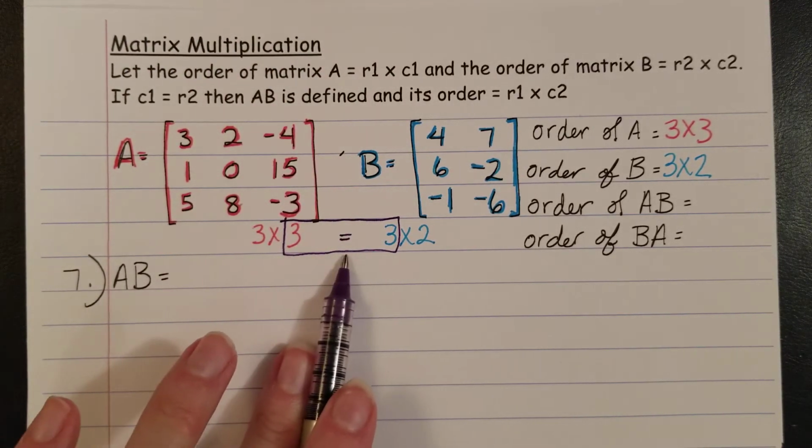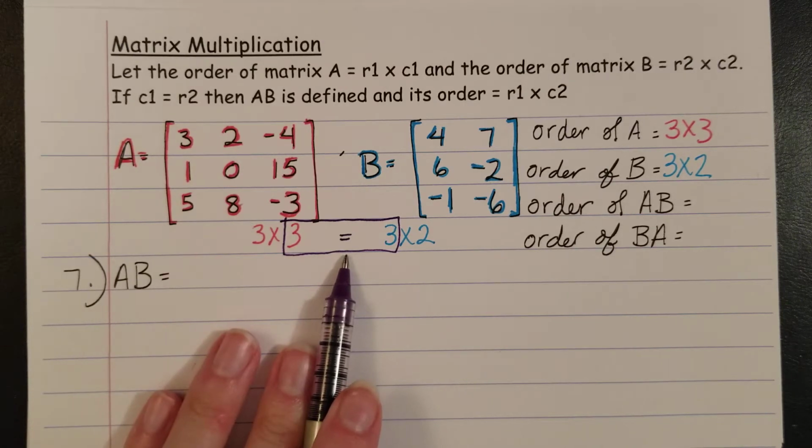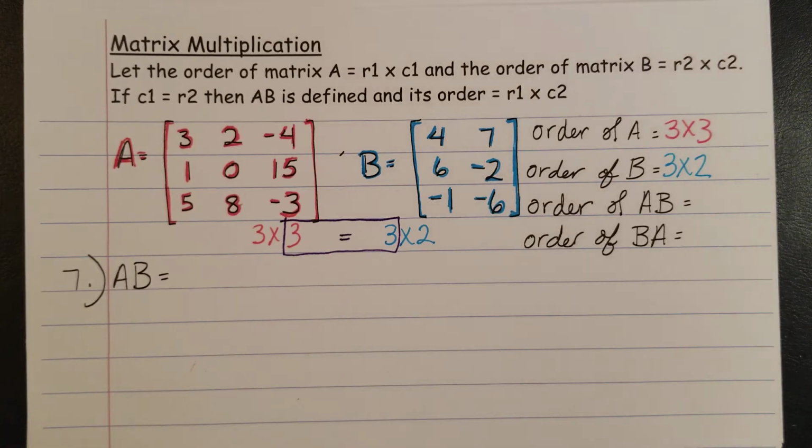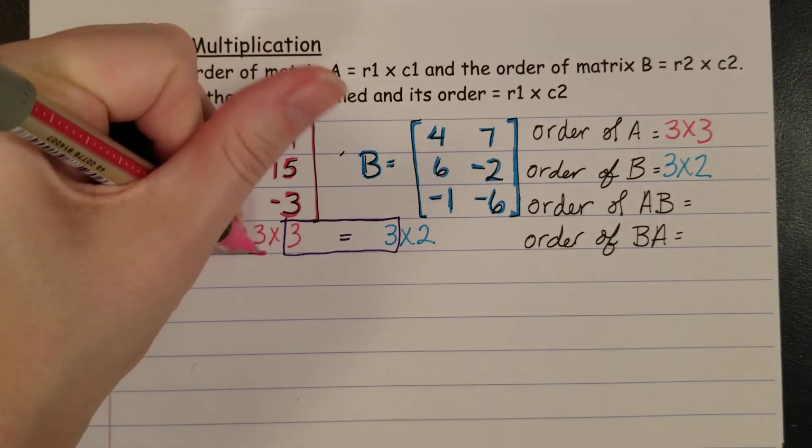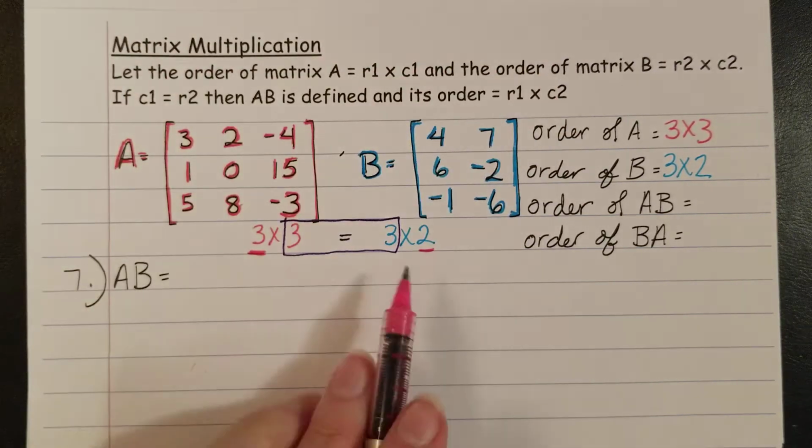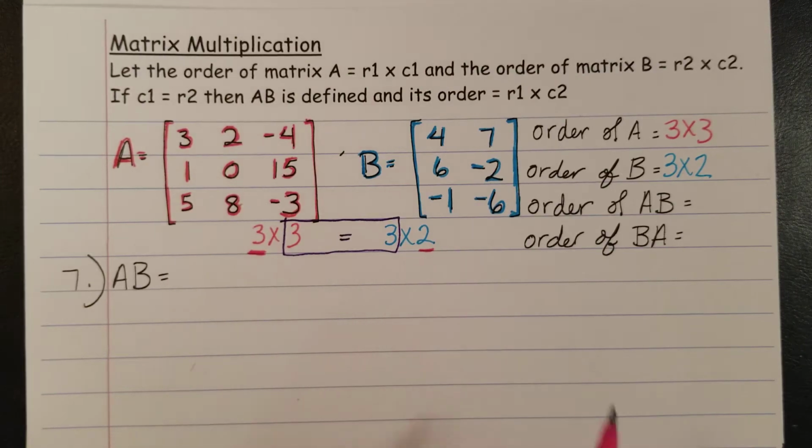If they are equal, then it is possible to multiply A times B. In that case, the order of the answer for A times B is going to be a 3 by 2.